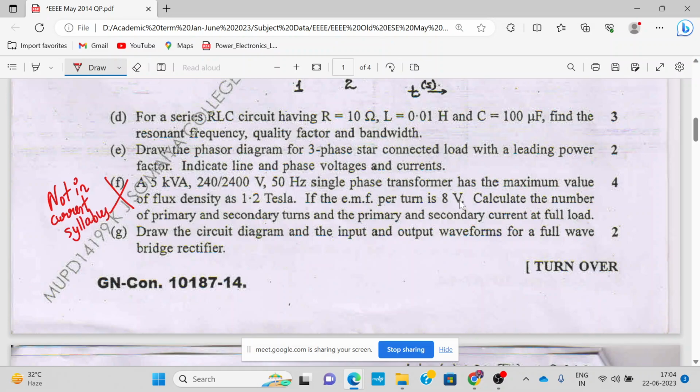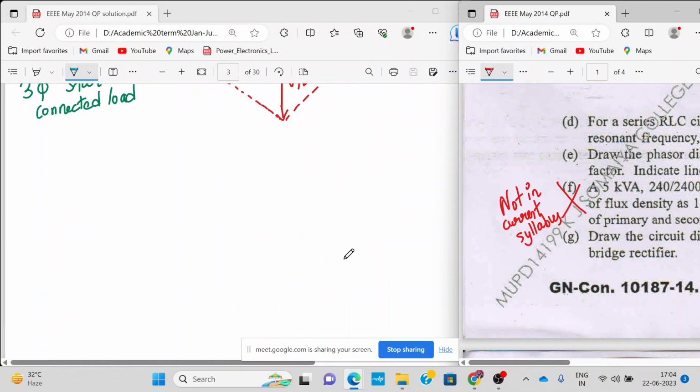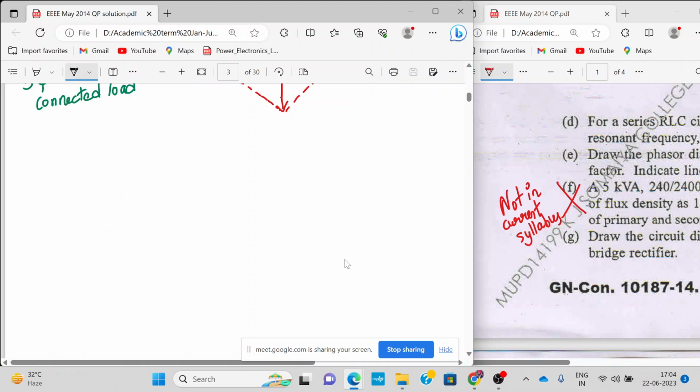So what you have in current syllabus is the theory related to transformer, which I am going to record and share with you all, right? So you do that much theory and that's it. Okay? Is that fine, everyone? Yes, sir. So now we'll go to question number 1F. I mean, we have written that not in current syllabus. You don't have a numerical.